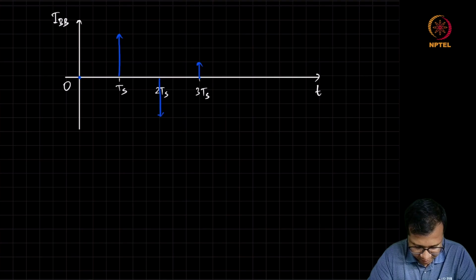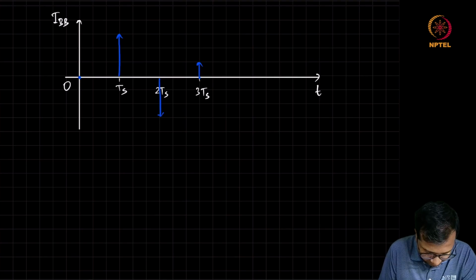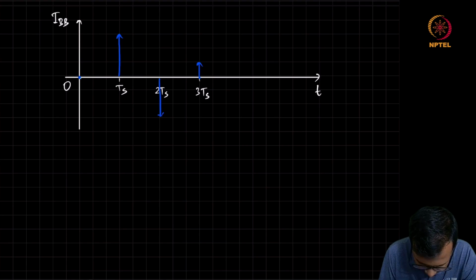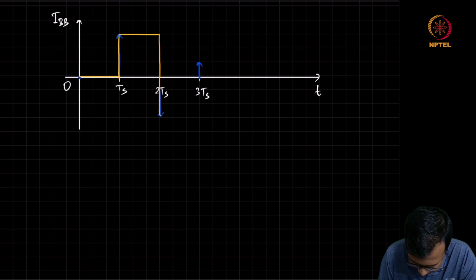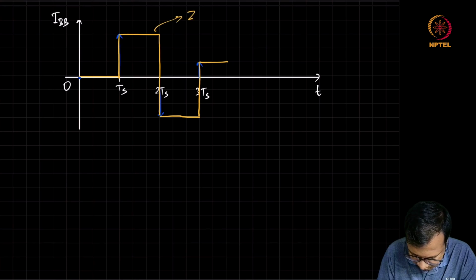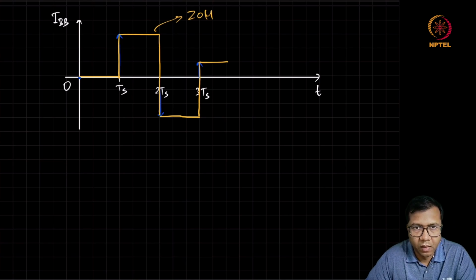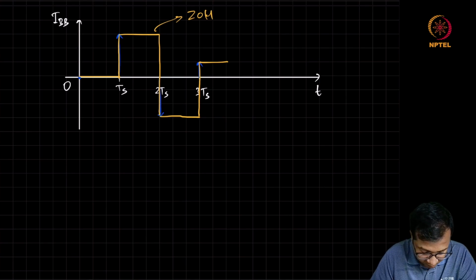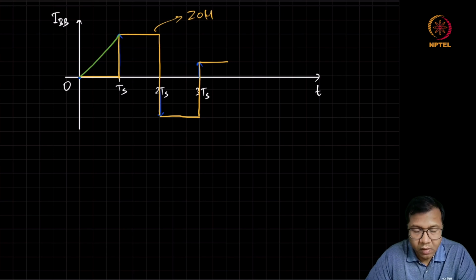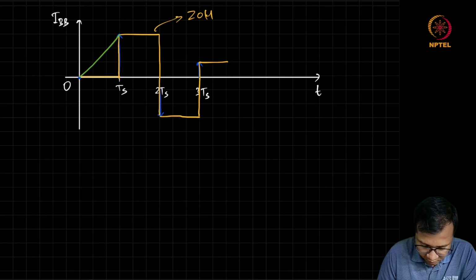And if the DAC is generating a zero order hold output, then that would have looked like this, whereas if we are looking for a linear interpolation, then this linear interpolated DAC output should look like this.